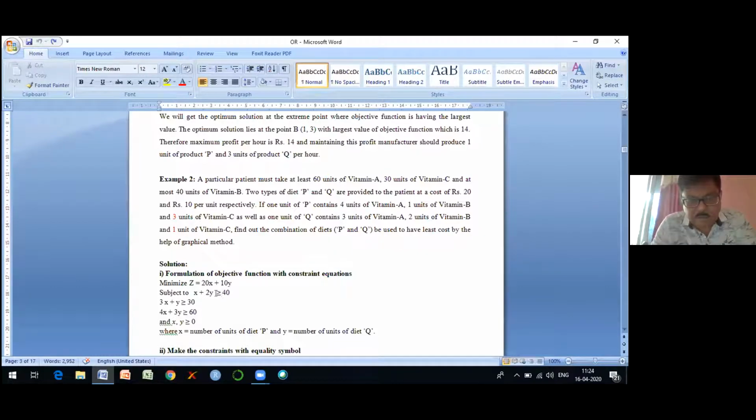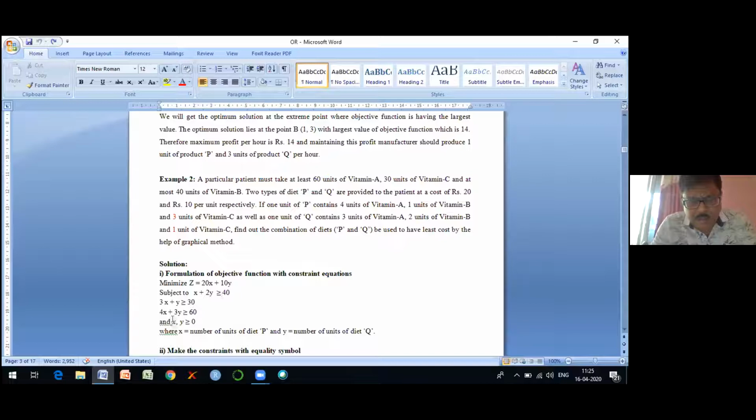In this case, 3x plus y greater than equal to 30, no problem, because at least we require 30 units of vitamin C. So it might be greater than 30, or it might be equal to 30. There is no problem, right?